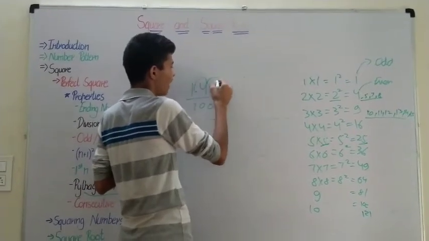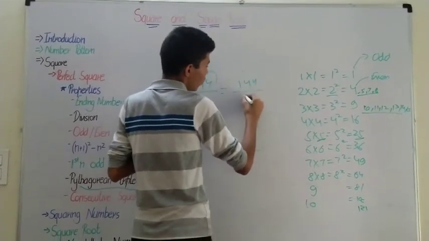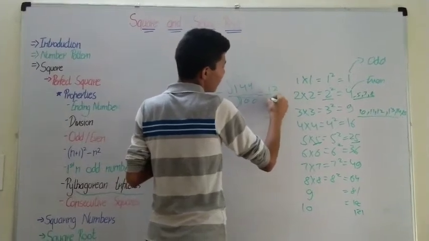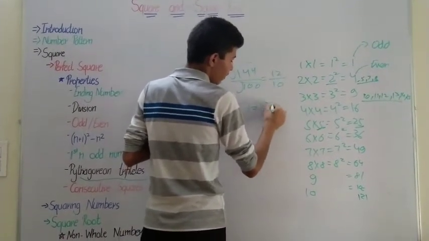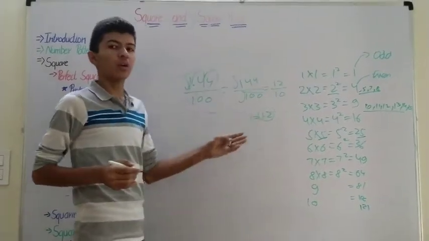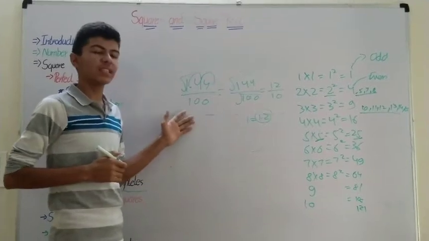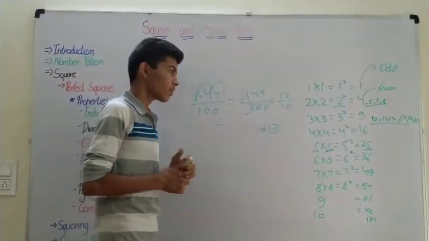Now we have to take the square root. That means the square root of 144 over the square root of 100. So that would be 12, and 12 divided by 10, that is 1.2. So first we have to convert it into a fraction whose denominator is a power of 10, which is also a perfect square.